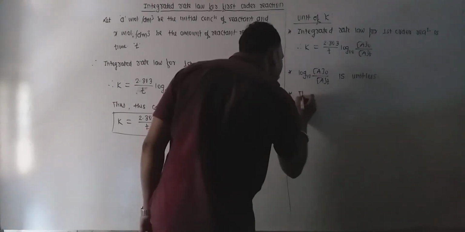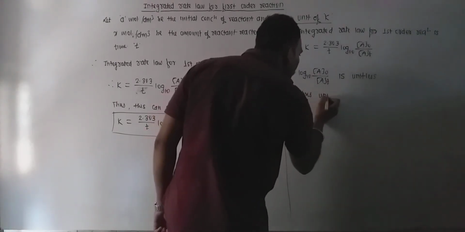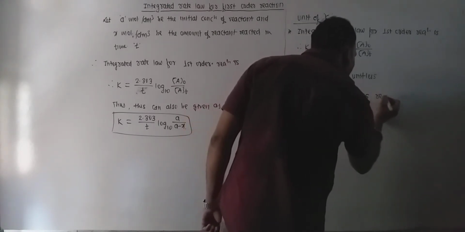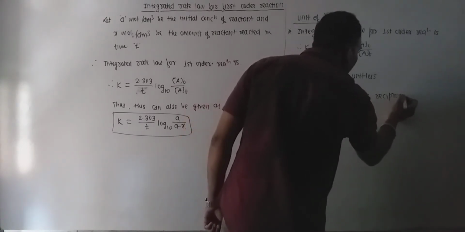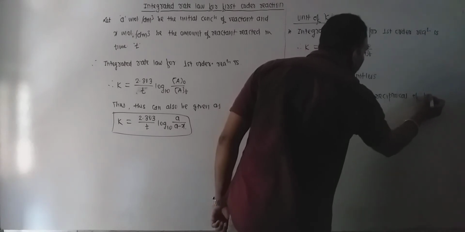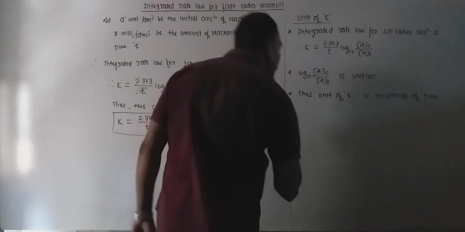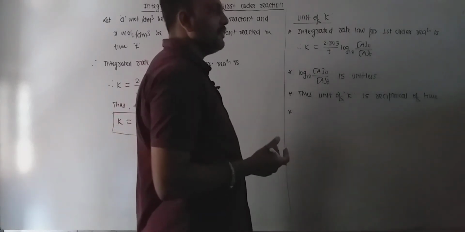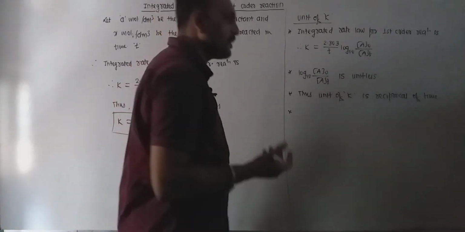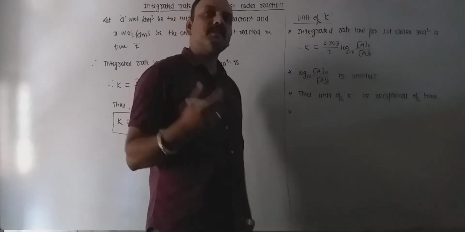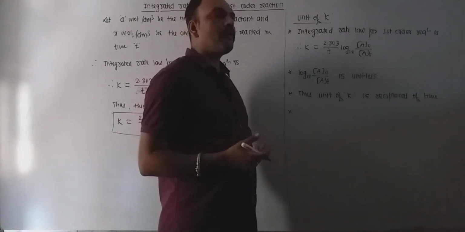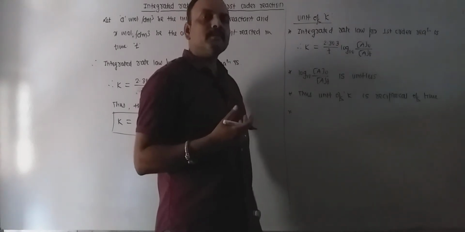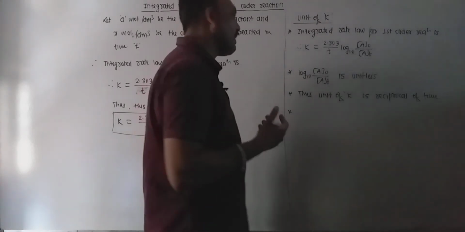Thus unit of k is reciprocal of time. So if we express the time in second, then unit of k will be per second. If we express the time in minute, then unit of k will be per minute. If we express the time in hours, then unit of k will be per hour.